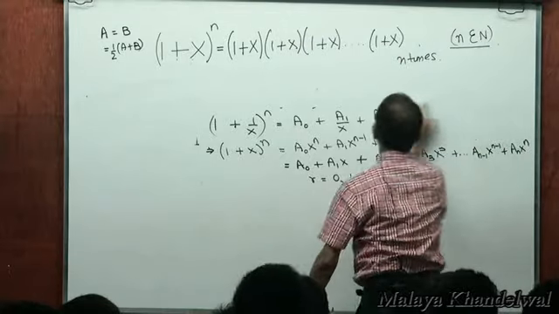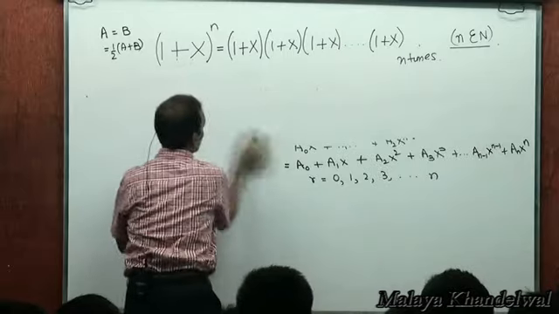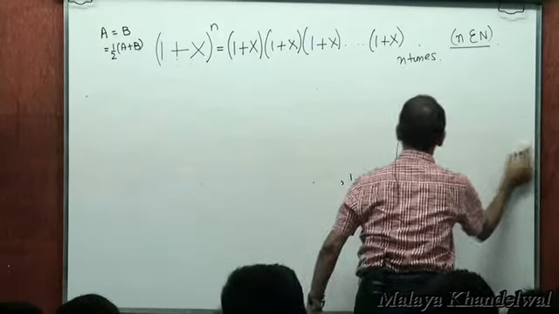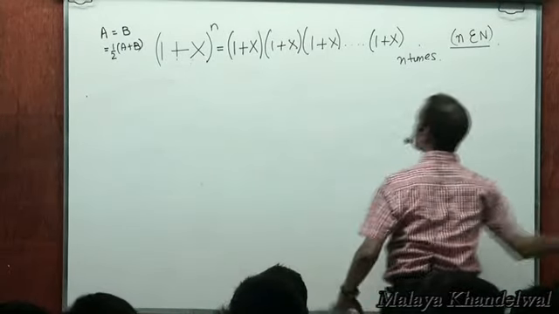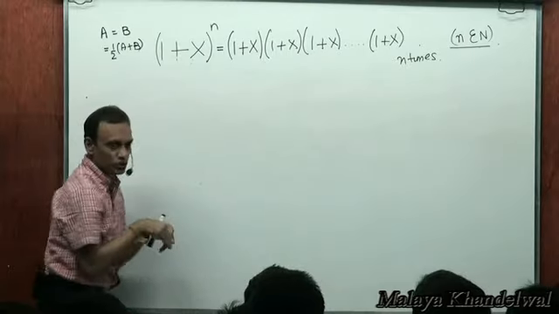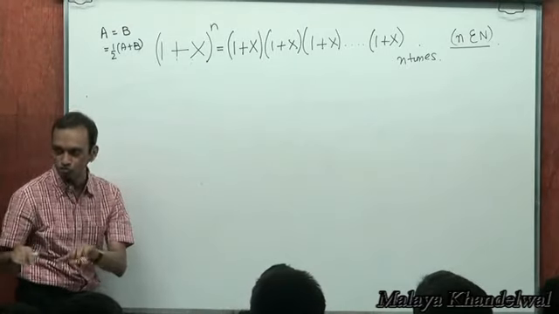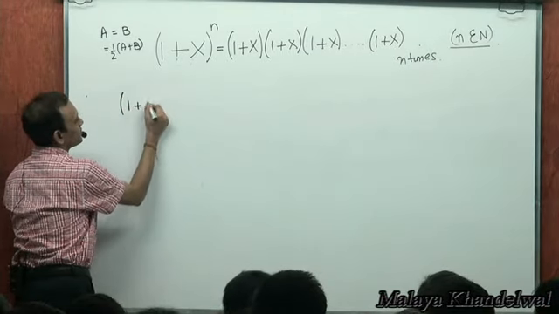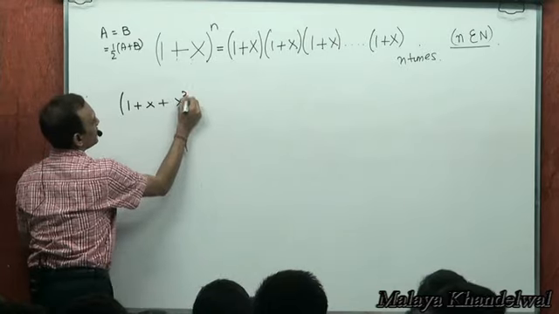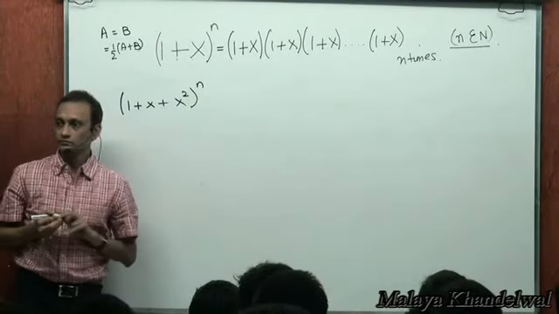In fact, a similar thing could be applied to many other expressions. For example, just to take a little detour from this, say I had 1 plus x squared whole to power n.